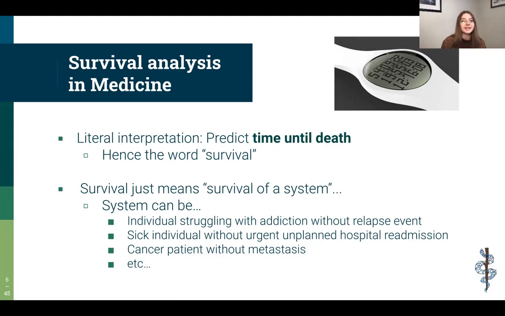It could be a sick individual that has gone on without urgent unplanned hospital readmission. It could be a cancer patient without metastasis. And if those systems are surviving, that's great, but you may want to be predicting time until there is some kind of an event that happens.